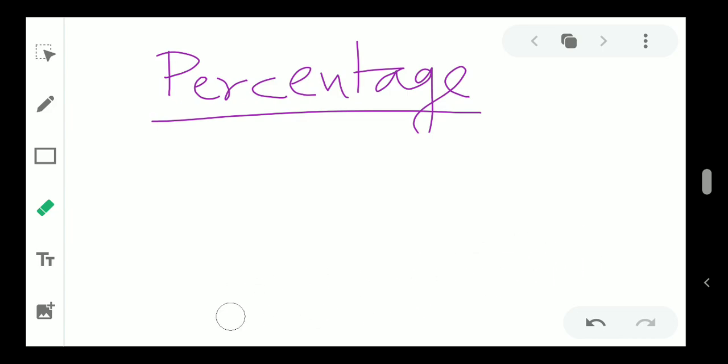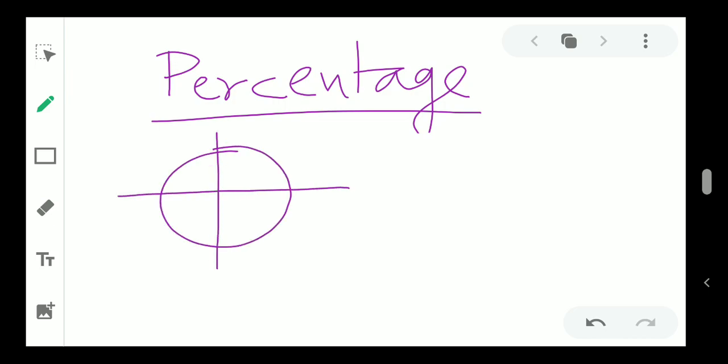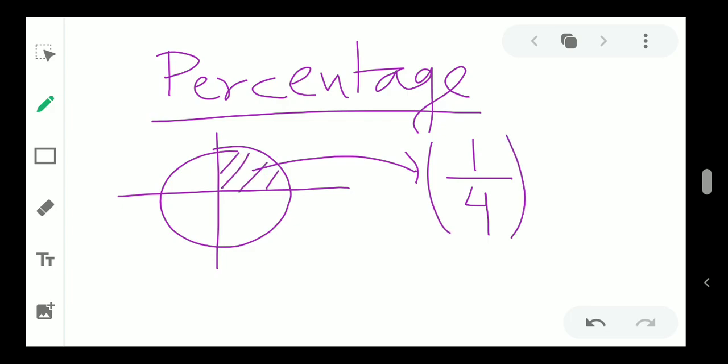Before I say more about percentage, one more thing. Say you have a pizza and you cut it into 4 pieces, so one piece will be your 1 by 4, right? That means this is one piece out of 4 pieces.